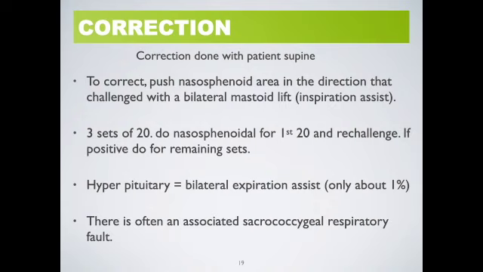Now, how do we correct it? I have tried doing these seated. Forget it. It's easier to have the patient very relaxed, supine, so you can really get one hand behind on the mastoids, and the other hand is going to be on the nasosphenoidal area. So you push the nasosphenoid area in the direction that challenged while you're doing a bilateral mastoid lift.